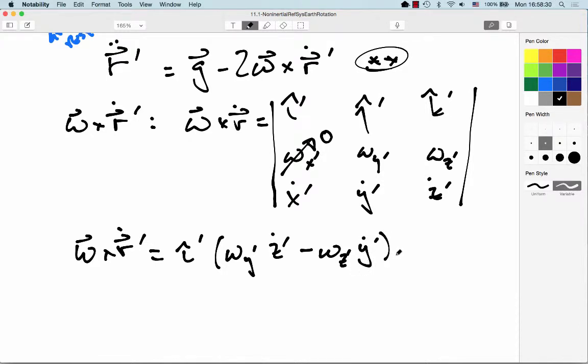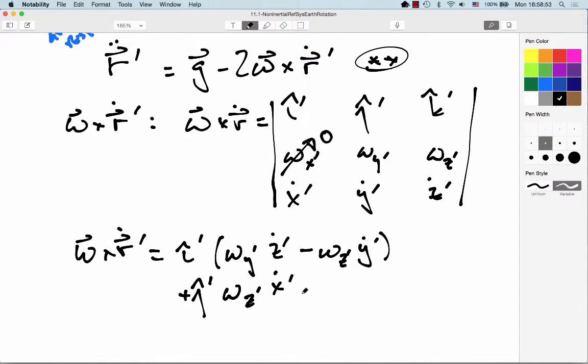And let's see, in the j direction, so plus j prime, we go this way, we're going to get an omega z prime x dot. And then the other direction, we get 0 going through the omega x part right there.